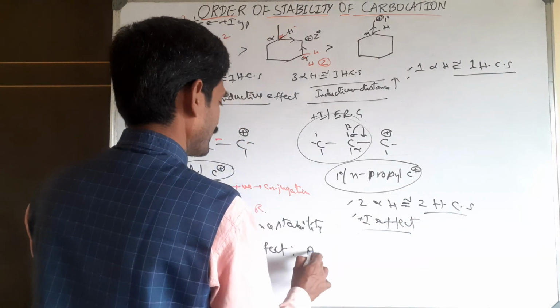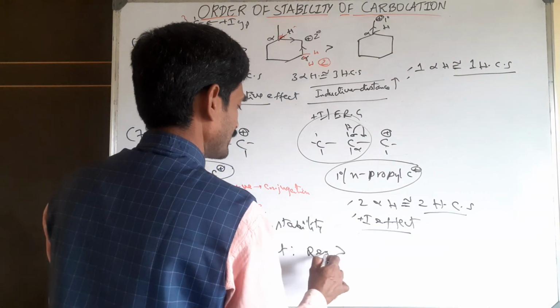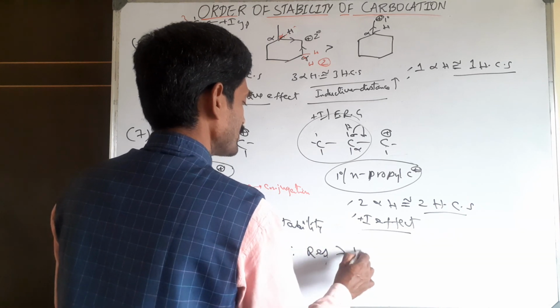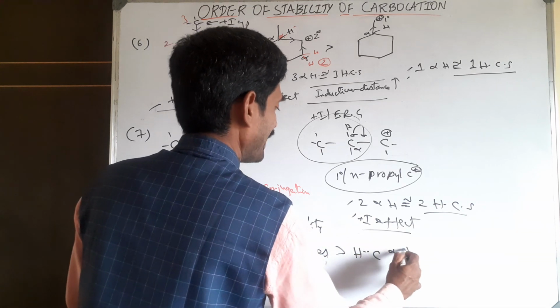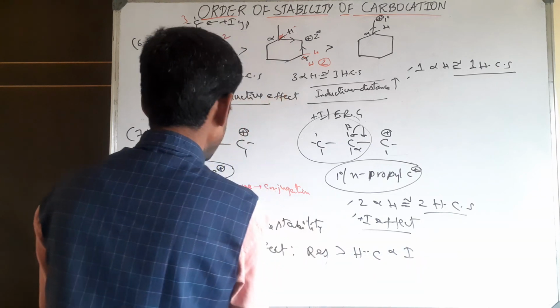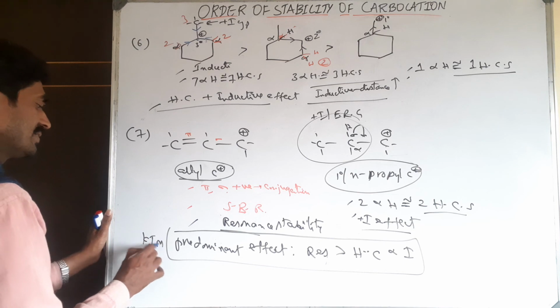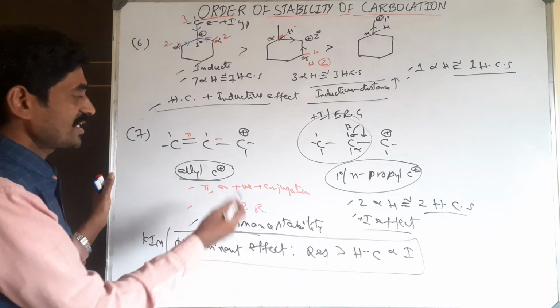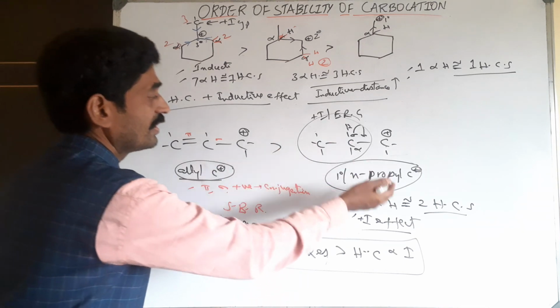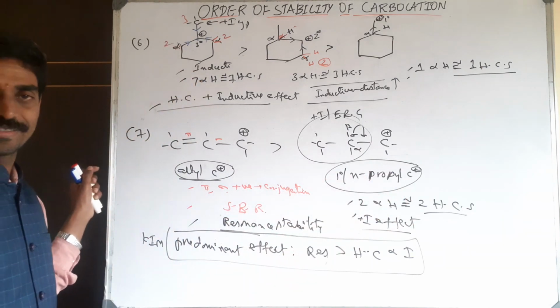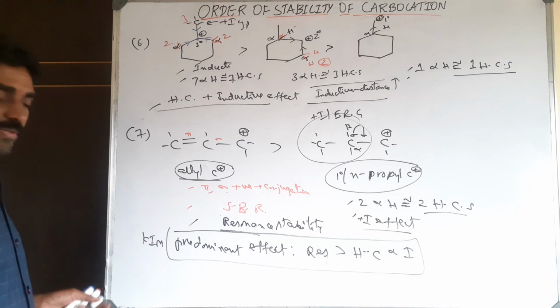You should know the resonance effect gives more stability to the carbocation than hyperconjugation, which gives more stability than the inductive effect. You have to keep this in mind, my dear students. Applying this, allyl carbocation is more stable than n-propyl. Got it?